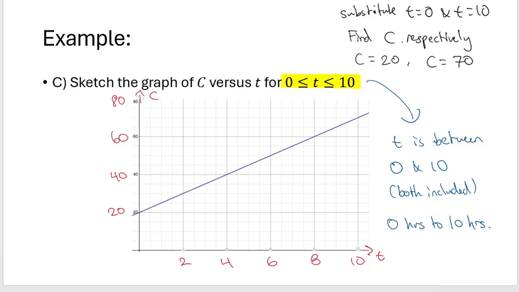I know that when t equals 0, c equals 20, so I can mark that as one point. When I substitute t equals 10, I end up with c equals 70. So this is (10, 70) and this is (0, 20). Once I mark those two points, I can connect them with a line. And that's how it typically works.